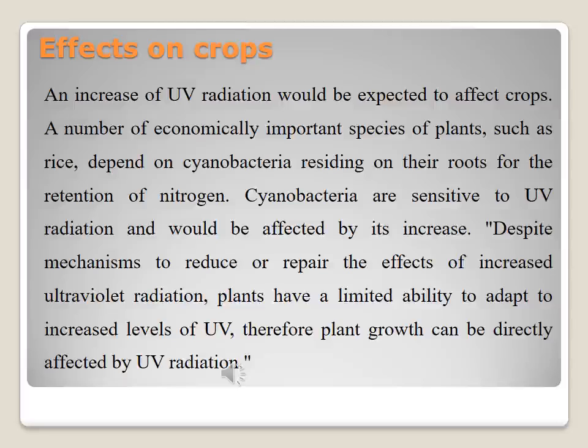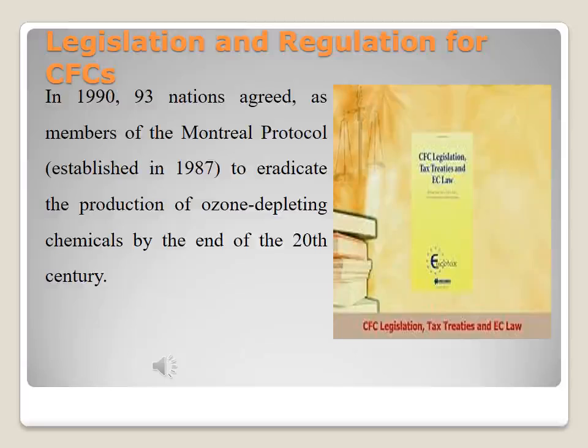Therefore, plant growth can be directly affected by the ultraviolet radiation. In the 1990s, 93 nations agreed as members of the Montreal Protocol, established in 1987, to eradicate the production of ozone-depleting chemicals by the end of the 20th century.